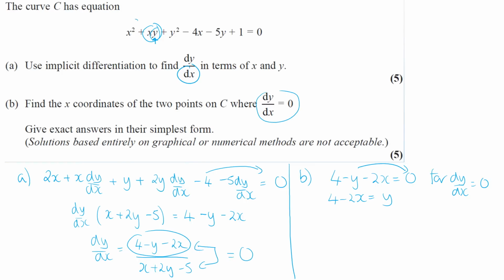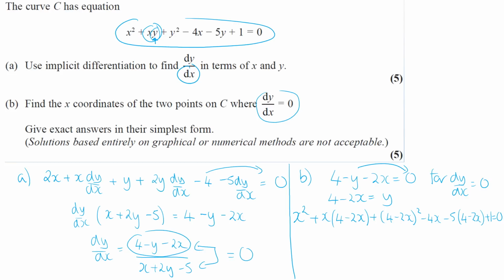Then we have to go back to the original equation and put, wherever we see y, 4 minus 2x, and then just solve for that one variable, because everything will be in terms of x. So we've got x squared plus x times y, which is now 4 minus 2x, plus y squared, 4 minus 2x all squared, minus 4x minus 5 times 4 minus 2x plus 1 is equal to 0.